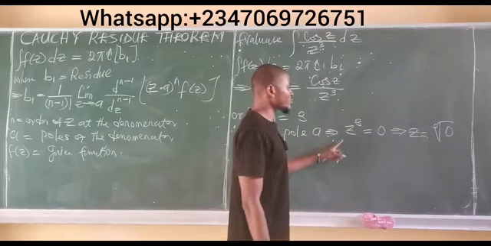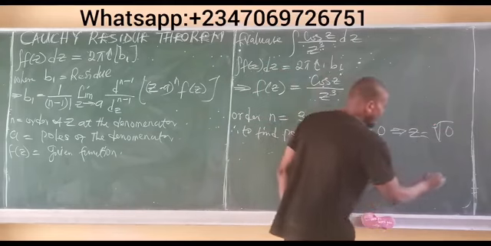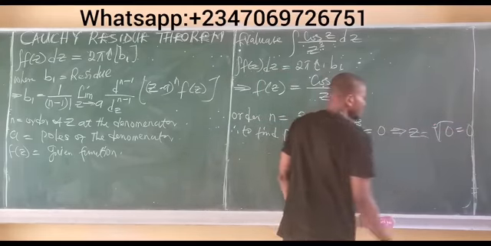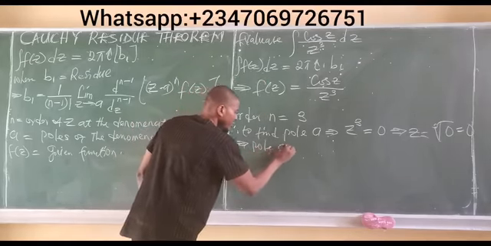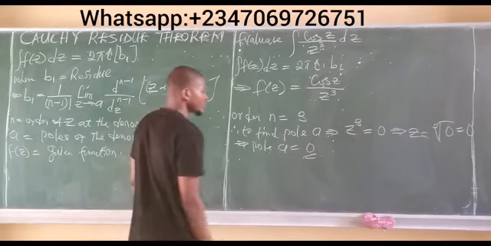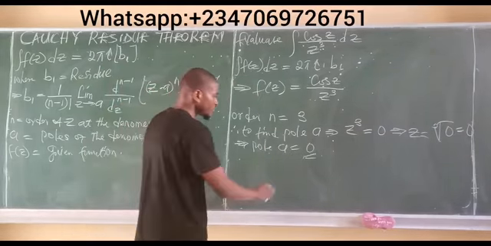And the cube root of 0 still remains 0. So the pole a is equal to 0.